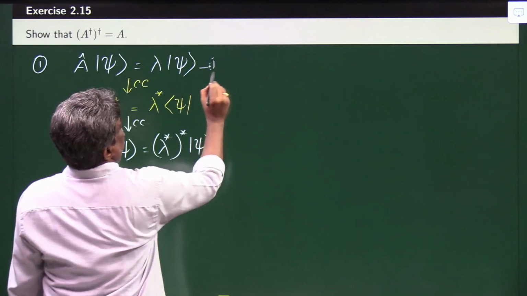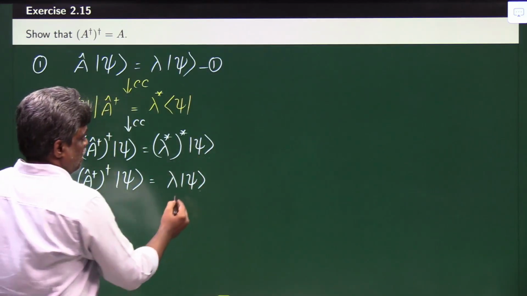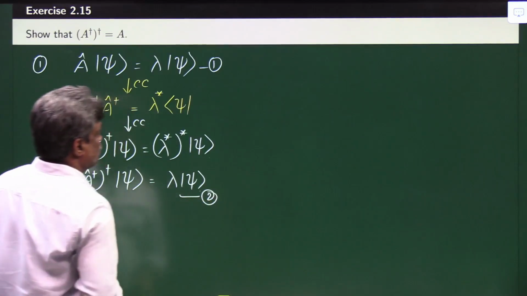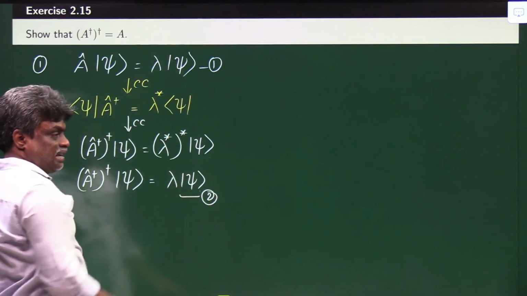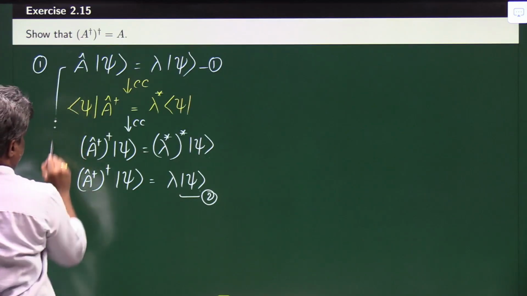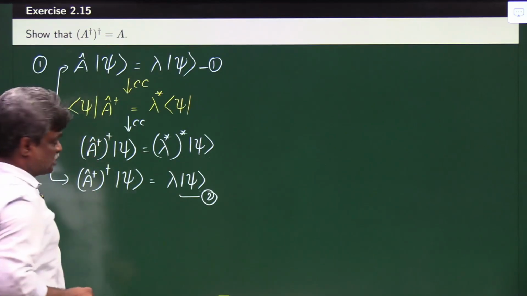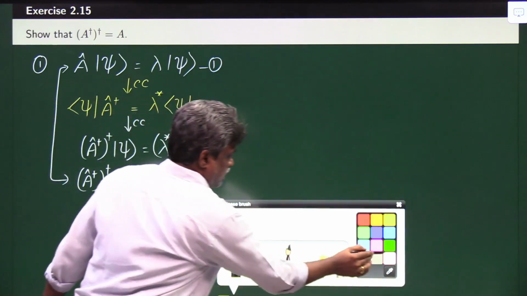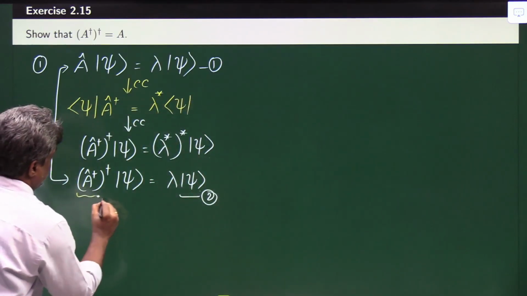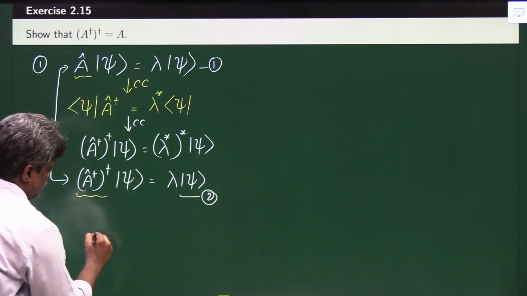So this is the first equation what we have assumed, and this is the second equation we got. The right hand sides are equal, so that's why we can say the left hand sides also must be equal. So we can conclude that A dagger whole dagger equal to A.